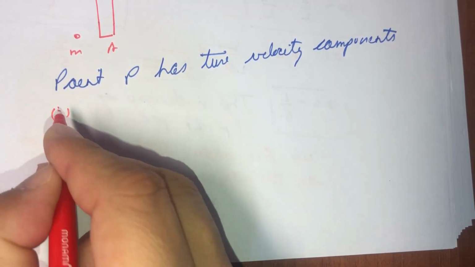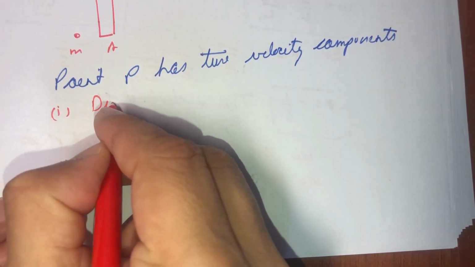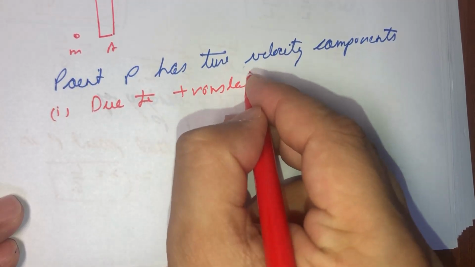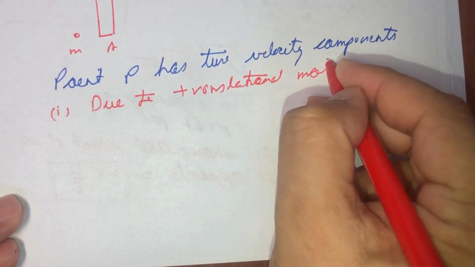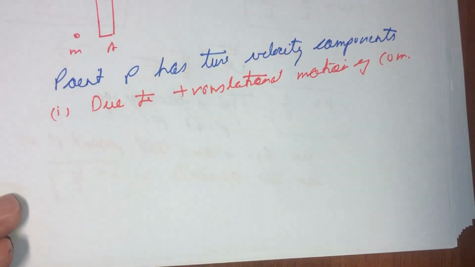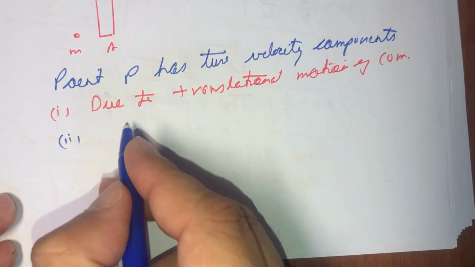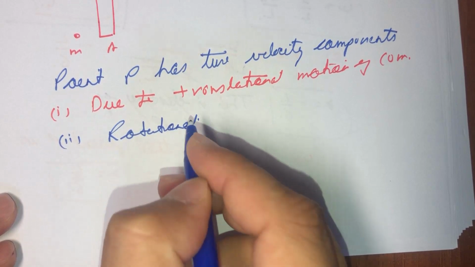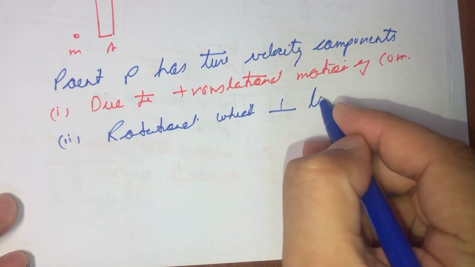First will be, once again, due to translational motion of center of mass, and second will be rotational, which is perpendicular to the rod.